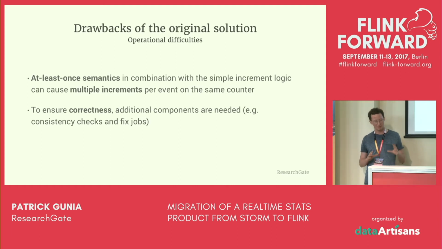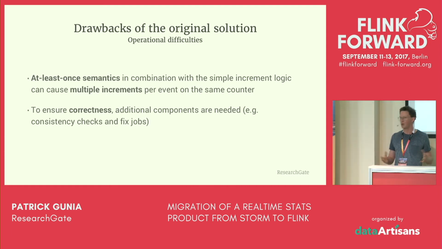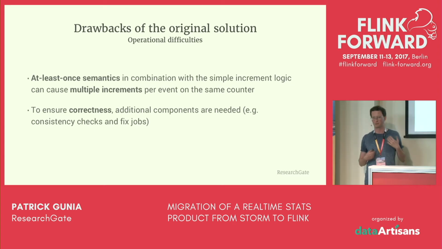So to enable us to really fulfill our most important requirement, which is correctness, we need additional tools, additional operations running to actually check and fix counters if this is necessary. And this is actually not what you want to have, because the operational difficulty increases with that solution.